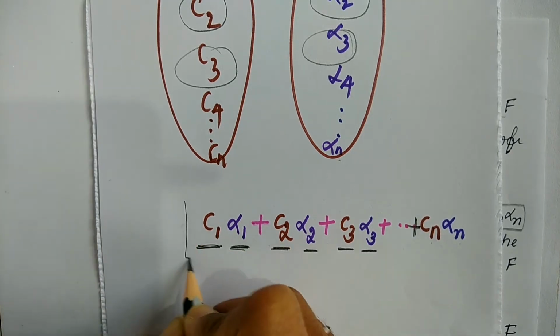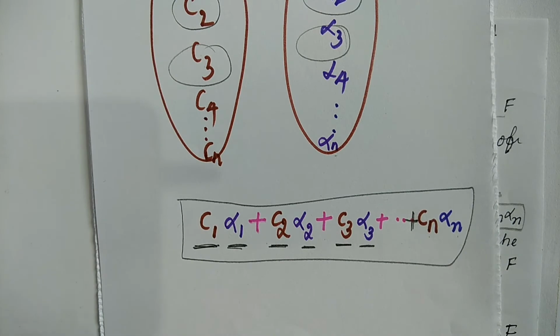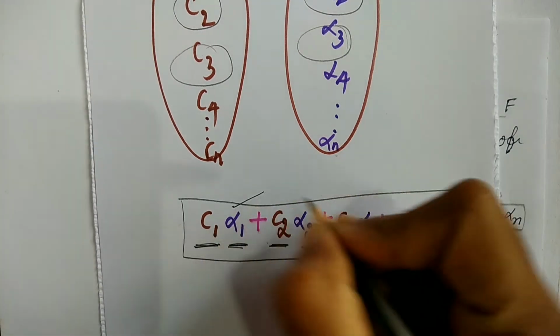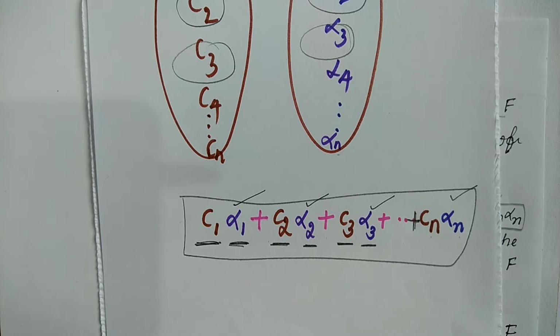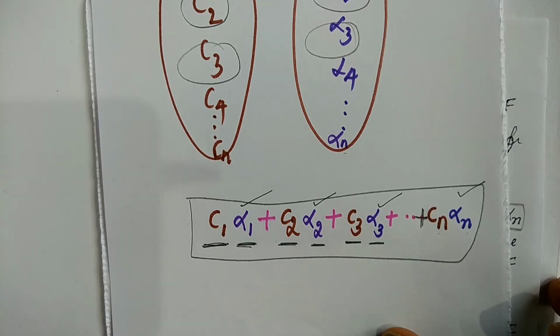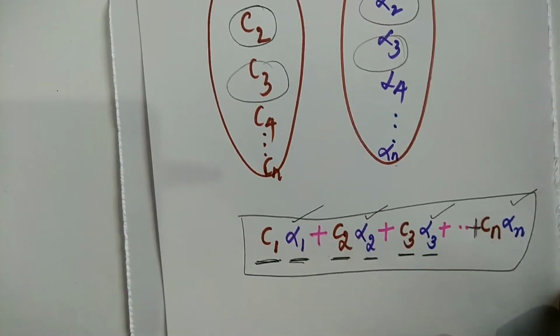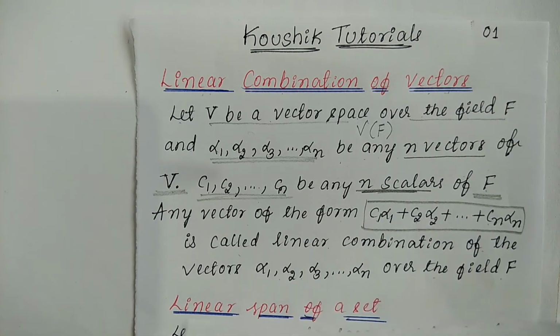So this is the linear combination, combining scalars and vectors. This is called a linear combination of vectors alpha 1, alpha 2, alpha 3, and so on alpha n. Is it clear? All the scalars come from the field and all the vectors come from the set V. The set V is nothing but a vector space. So that is the definition of a linear combination of vectors.